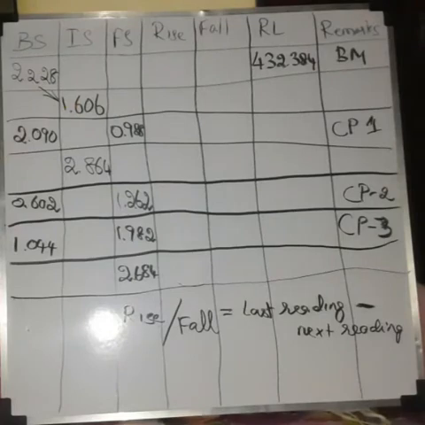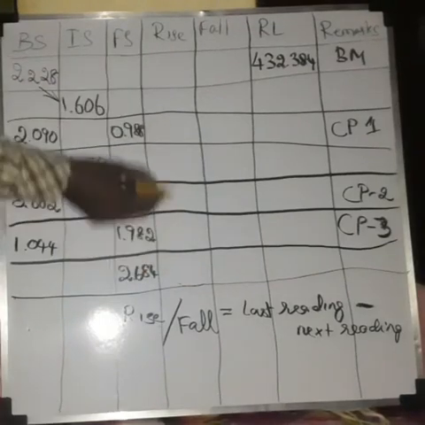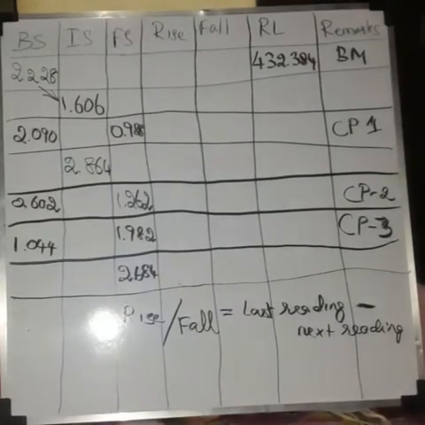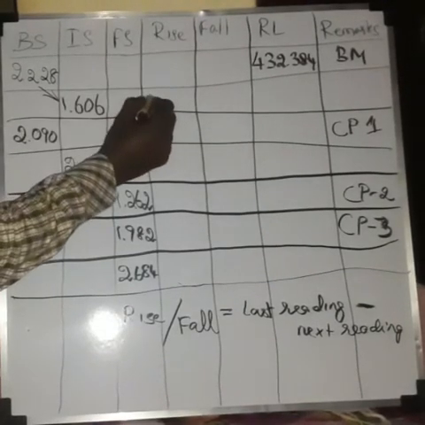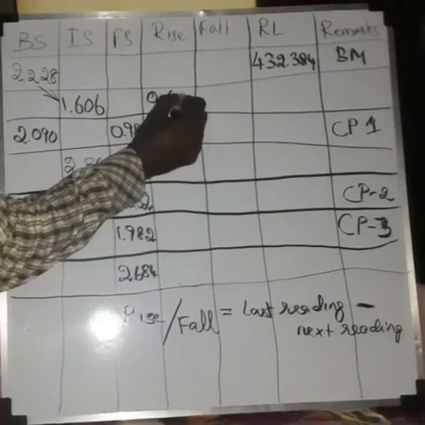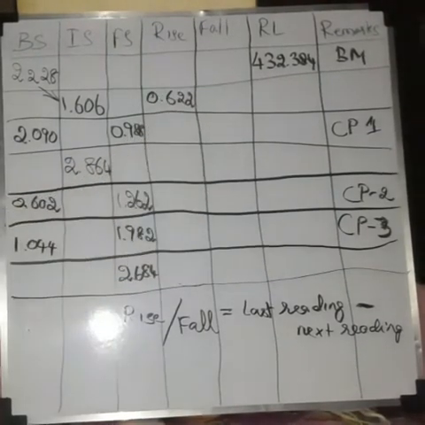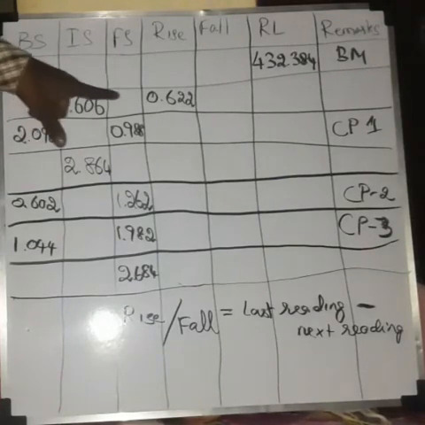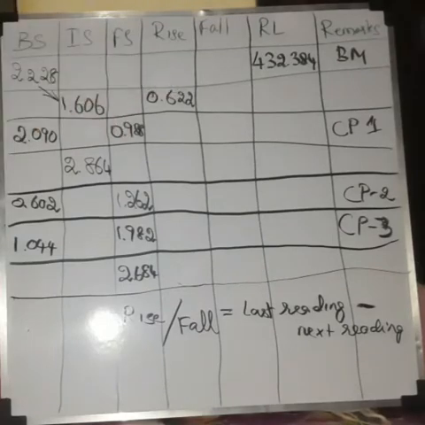2.228 minus 1.606 is equal to plus 0.622. So the value is positive, and I wrote the difference in the rise column. The difference is 0.622.